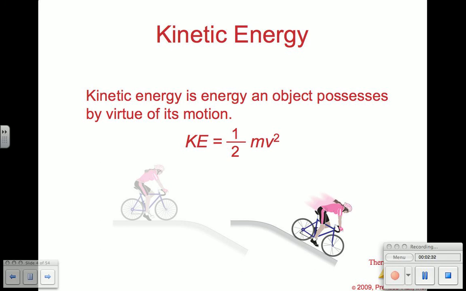And the basic formula for kinetic energy is equal to 1/2 mass times velocity squared. And it's the energy of motion. When you think of temperature, when we measure temperature, we are measuring the average kinetic energy of a solution.